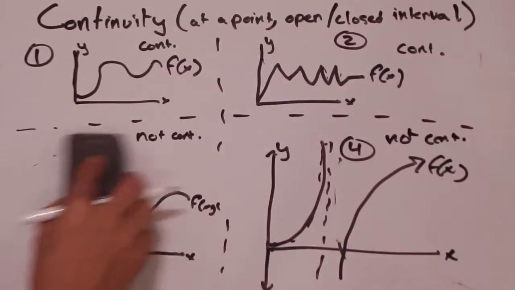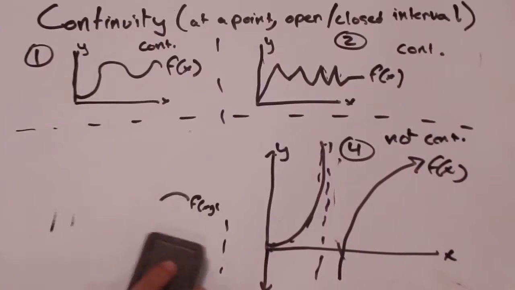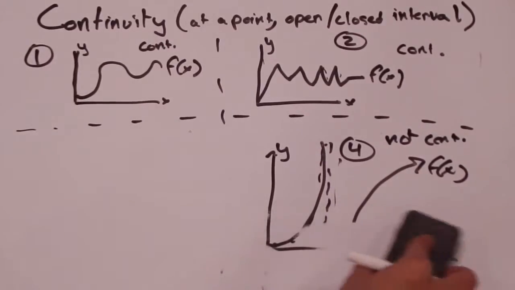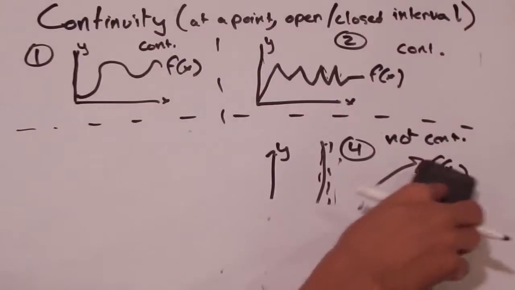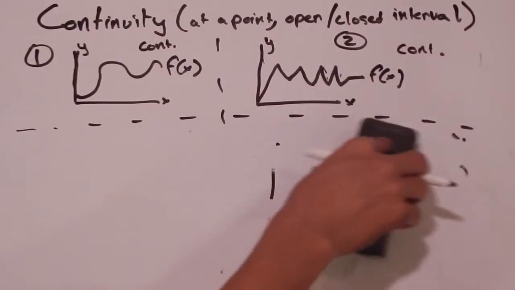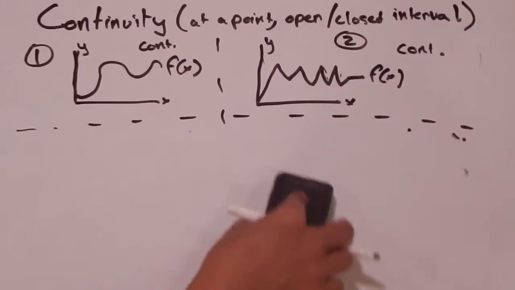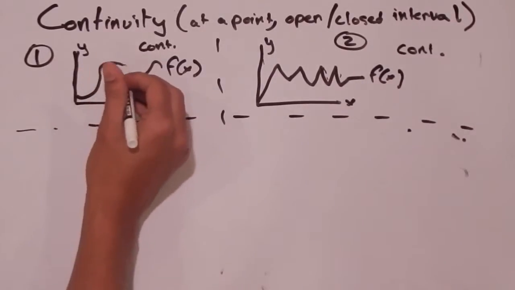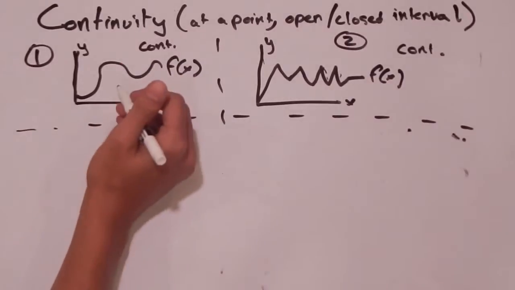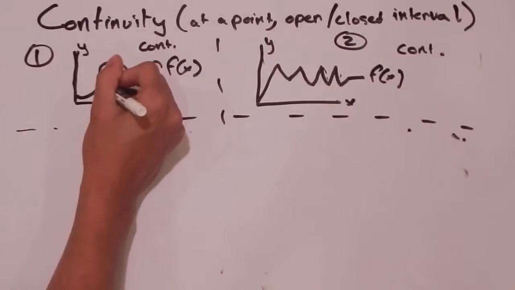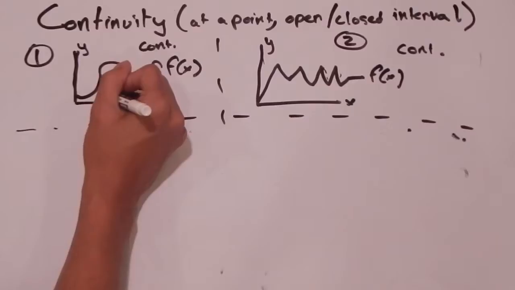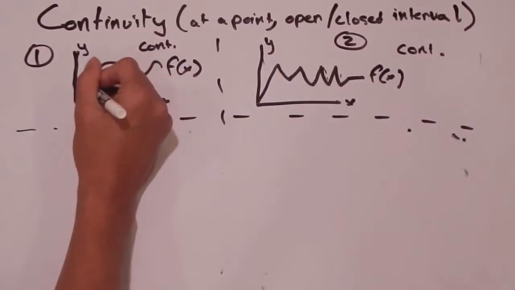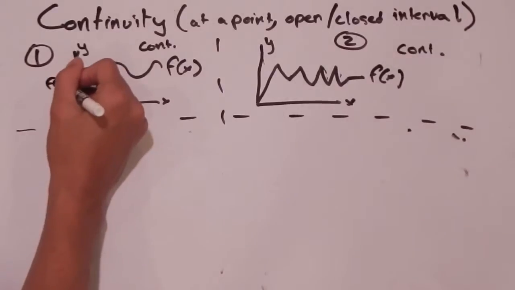So let's get rid of these because they're not continuous, and let's take a look at what makes those top 2 functions continuous. Well, we're going to talk about continuity at a specific point. So when we look at a specific x value, what would make us think that the function is continuous at that x value? Well, definitely the function needs to be defined because we need to know what it is. So we need to know at this x value, let's call it c, that the function has some value back, f of c.